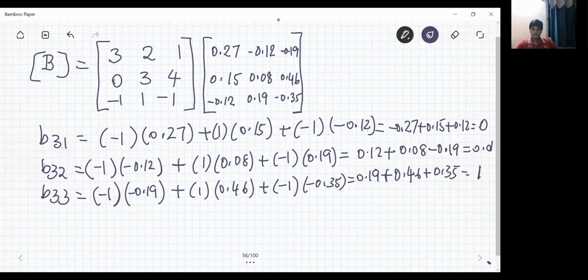You got B11, how much you got? 0.99. That one, if you make it round off to whole number, what can you write? 0.99 can be written as 1. Write it.